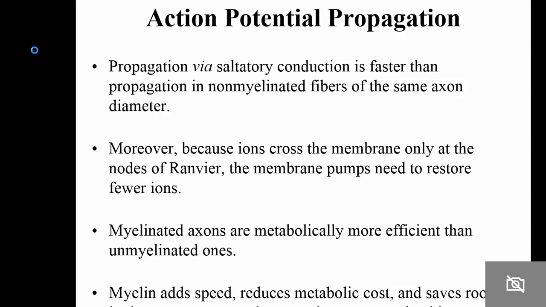Myelination, talked about it. Another thing I did talk about is that it reduces the metabolic cost. So not only does it make the signals move faster, but it does it with less energy. So a non-myelinated axon is slower, but costs you more energy to do whatever the activity is.